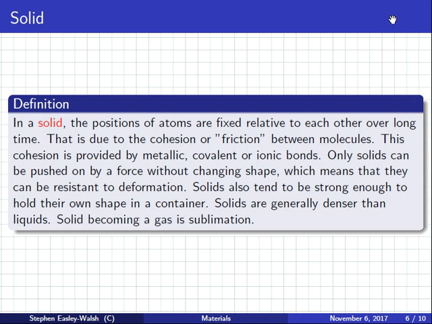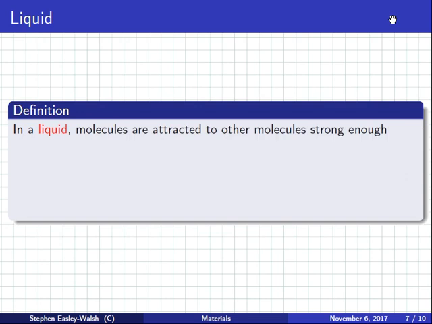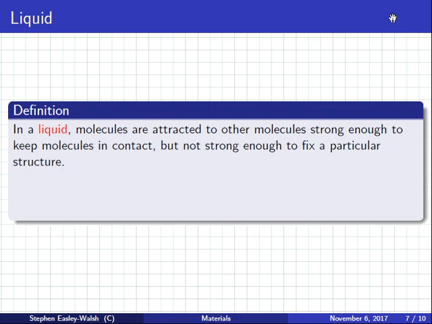Okay, liquids now. In a liquid, the molecules are attracted to each other strongly enough to keep them in contact, but not strongly enough to fix their position. So the molecules can move. There is some force, but it is not strong enough to fix them, just to keep them close together, while they are still moving around.